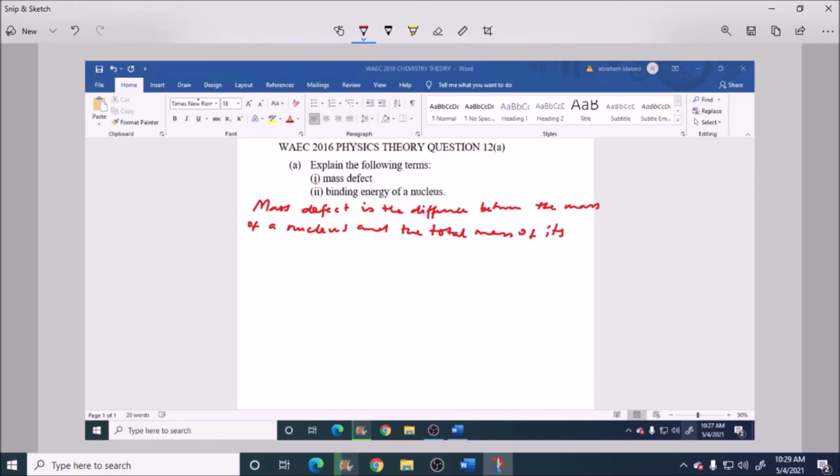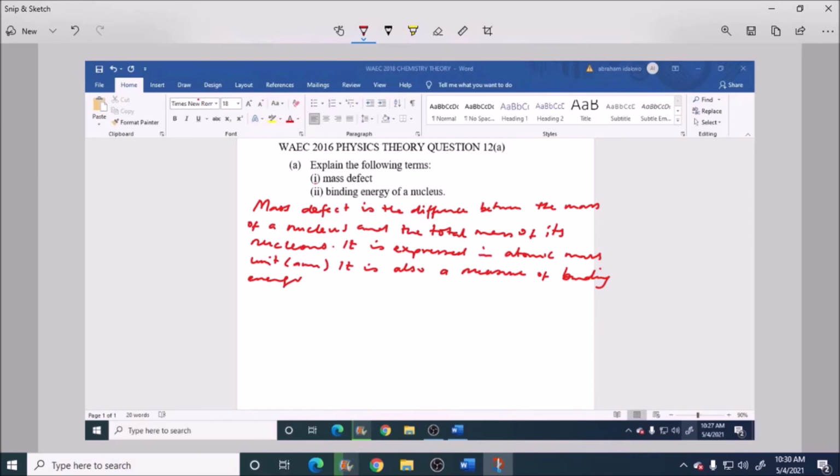It is expressed in atomic mass unit, AMU. It is also a measure of binding energy.